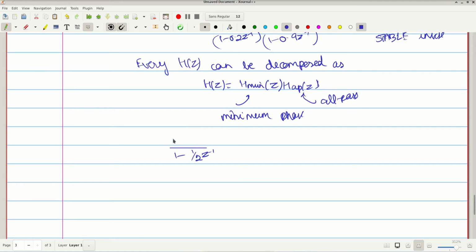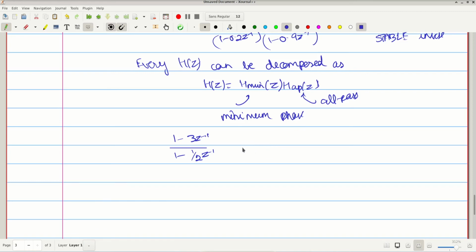Let's say we have 1 minus 3 z inverse. This is definitely not minimum phase because it has a 0 at 3. So if you look at the inverse system, you will not have a causal stable inverse. In fact, the stable inverse will not be causal. The causal inverse will not be stable.